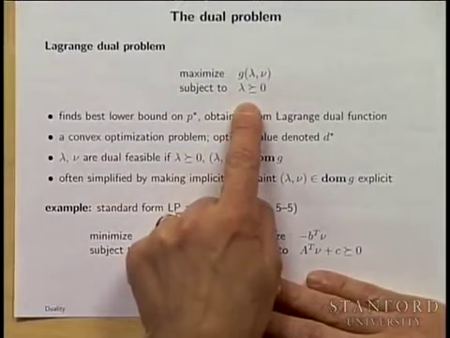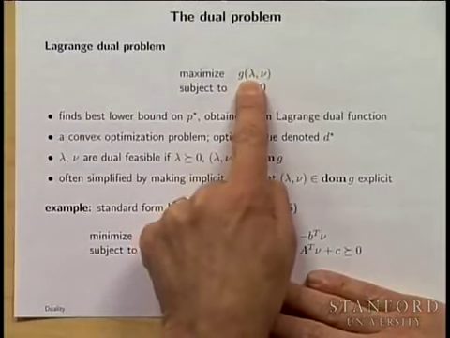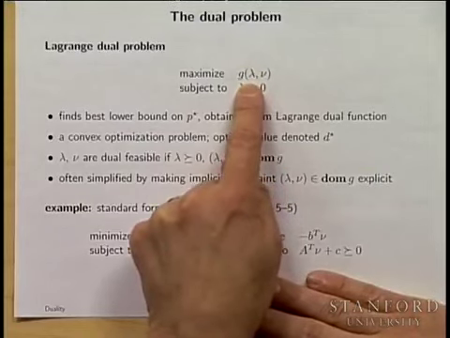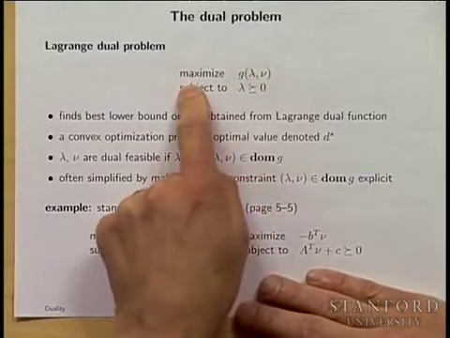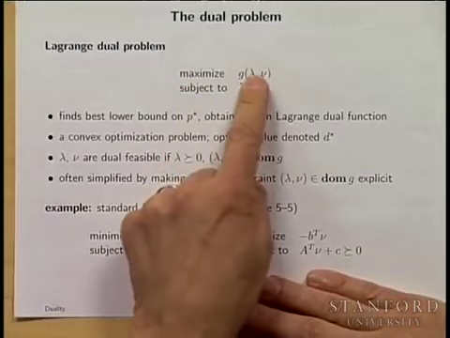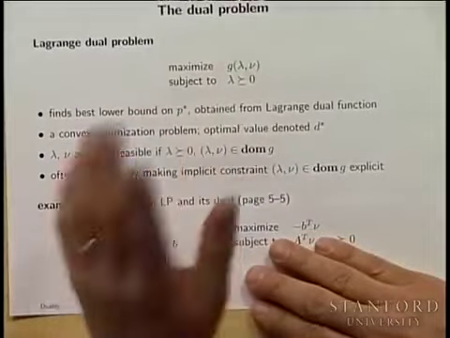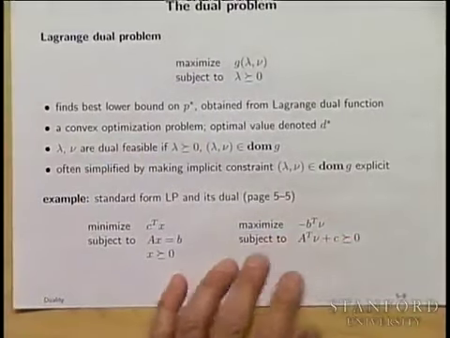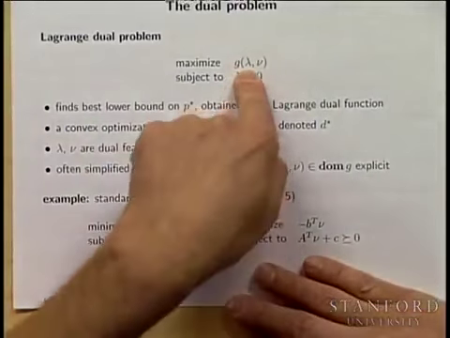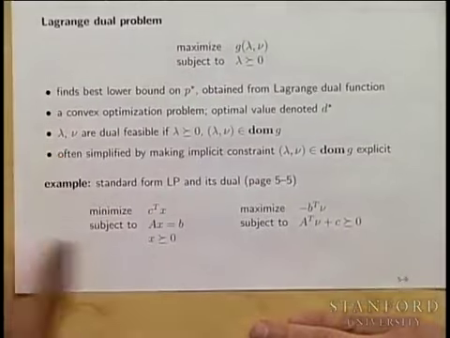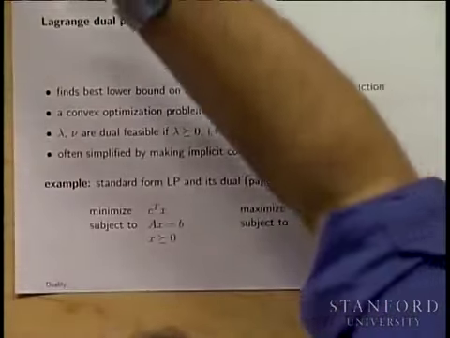often what happens is g is minus infinity for some values of lambda and nu. We've already seen that a couple of times. That is not an interesting lower bound. And it sure is not going to help you maximize something. This thing could be minus infinity. That can happen. But the point is it's not an interesting value. So in fact, often what happens is you pull the implicit constraints in g out and make them explicit. Now, for example, let's go back and look at this. The dual function for this LP is this weird thing that looks like this.